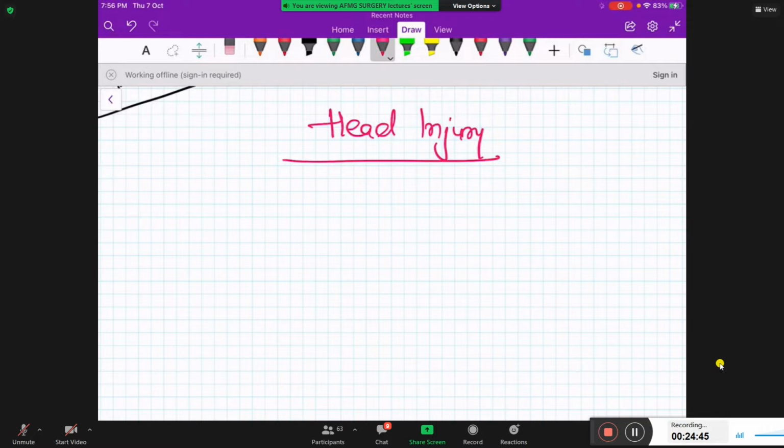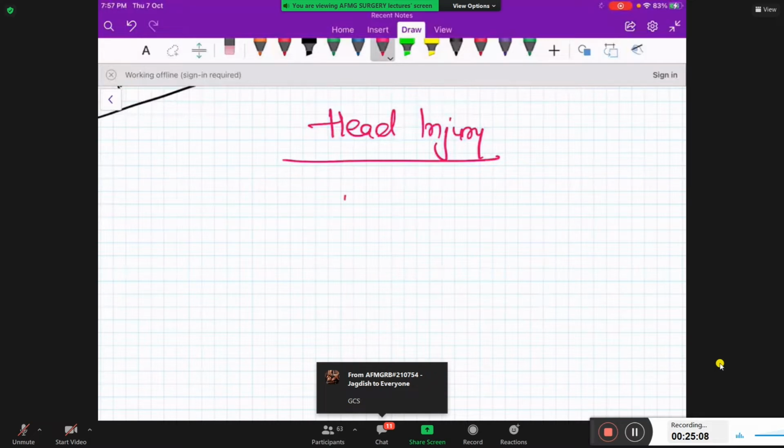Does every unconscious patient have a head injury? Very good. So we should understand, in a given clinical profile, that this patient has a head injury.